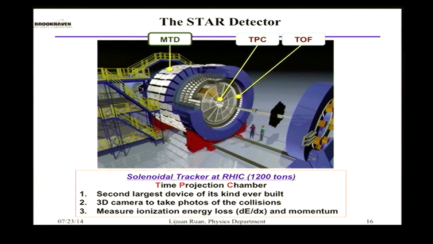It will bend. Through the bending, we can measure the momentum. Also, when a charged particle goes through the gas of the time projection chamber, it will ionize the gas, and we can measure the ionization energy loss. Through the ionization energy loss and the momentum, we can identify different particles.